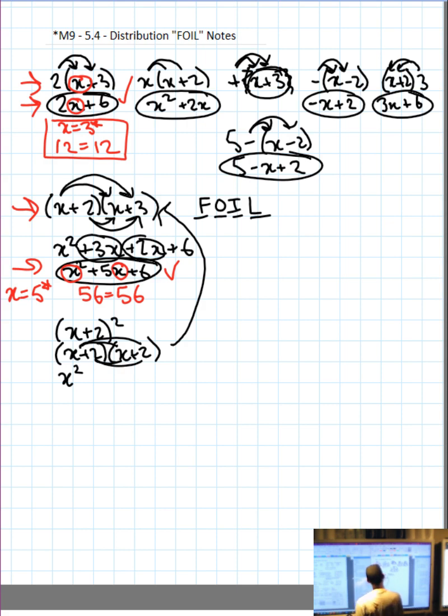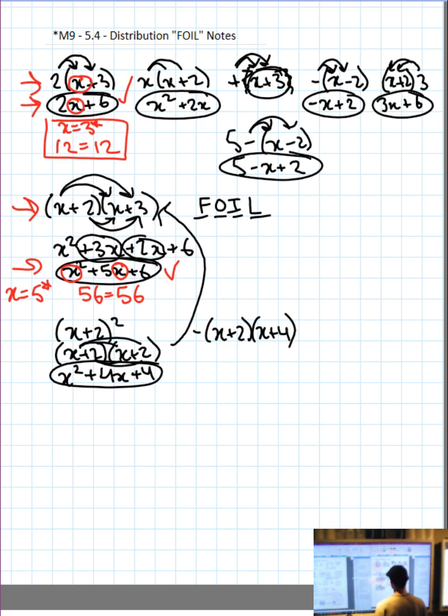Now, it's going to be plus 2x, which is plus 4x. And that's what I'm talking about skipping steps. Look in the notes if you really want to see every step. The last step, 2 times 2, is positive 4. Circle your answer. Okay, now let's look at coefficients of things. So let's say negative x plus 2, x plus 4.